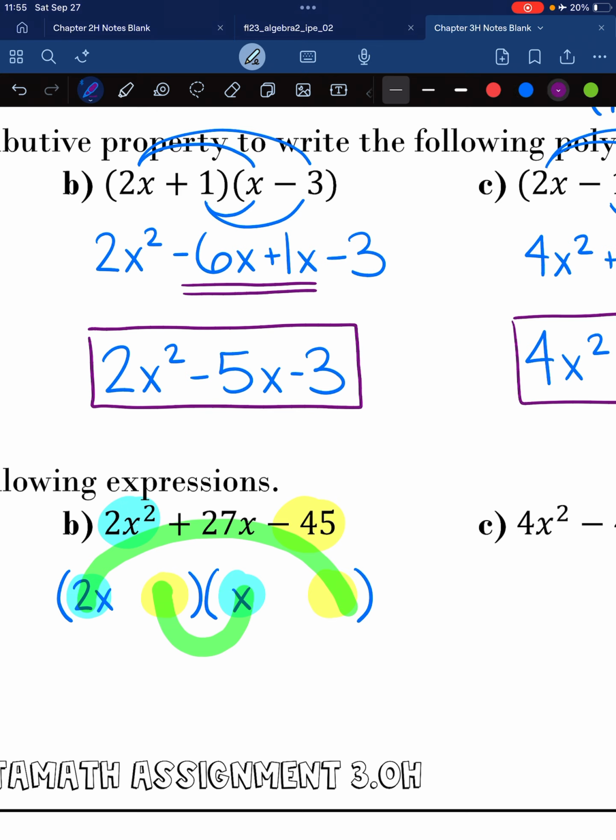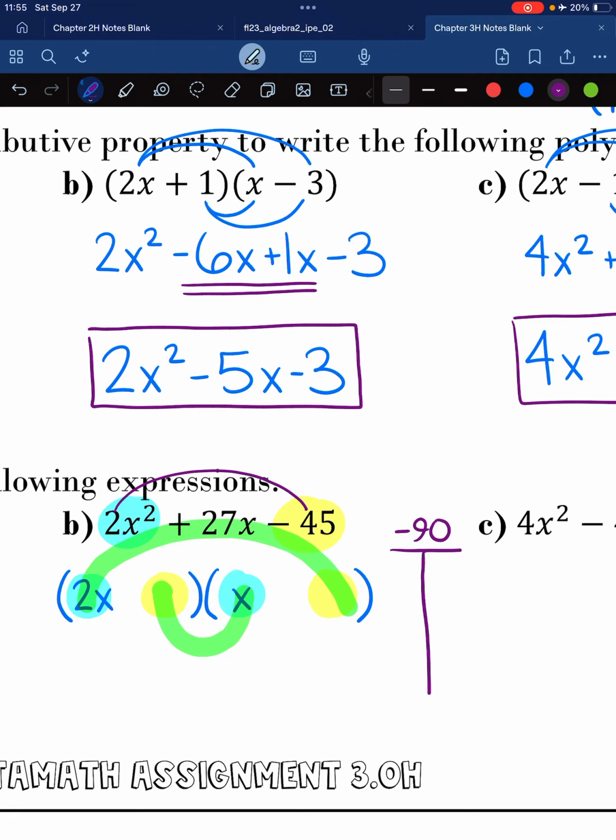It's called the AC method. Because I know that the 2 is going to multiply with whatever's over here, I'm going to try and find factors of negative 90 that are going to combine to be 27. I'm not going to worry about the negative for now.